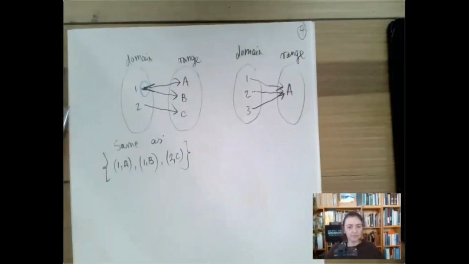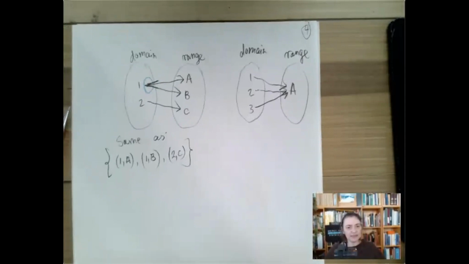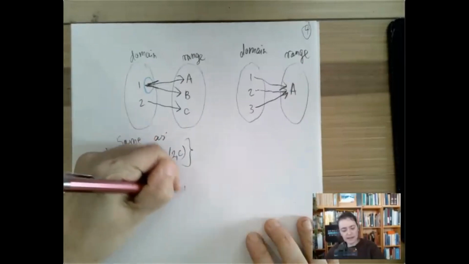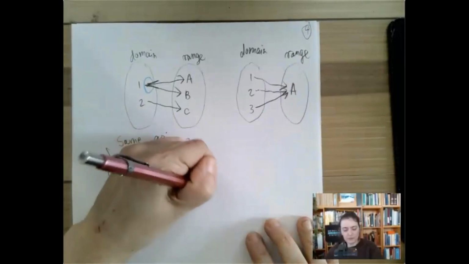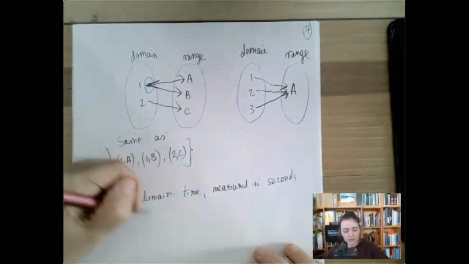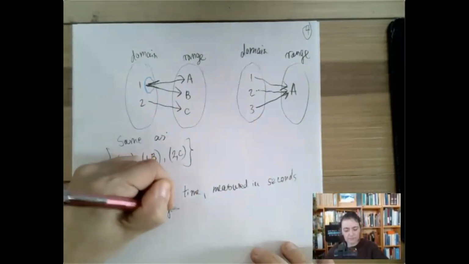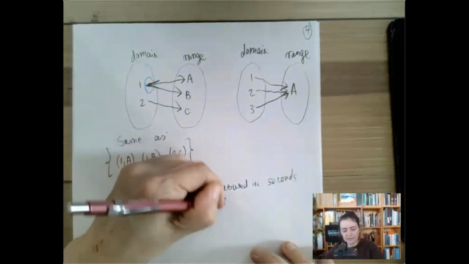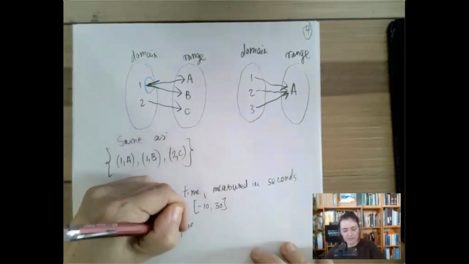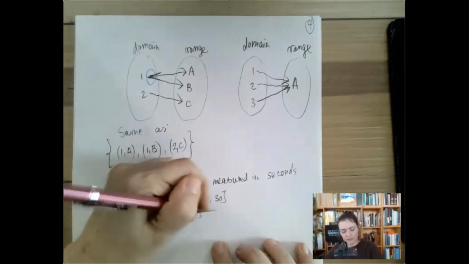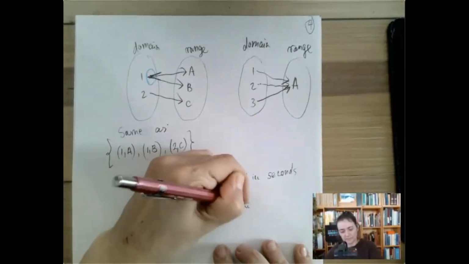Imagine that the domain is time, measured in seconds, and the range is -10 to 30, where these are floors of a high rise, with the deep underground garage.